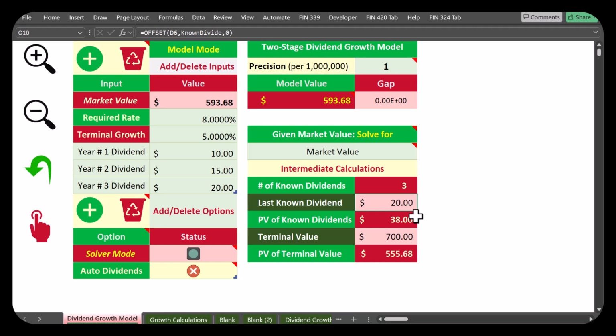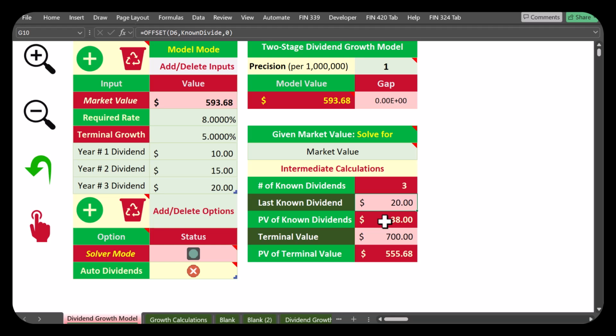It basically says, give me a reference, then tell me how many rows and columns from that I need to move to get to what I want. In this case, D6 is basically the terminal growth number. I say go down by the number of known dividends from that. That gives me the last known dividend. So I automatically know D3 is 20. Then if I know D3, I can calculate D4, right?